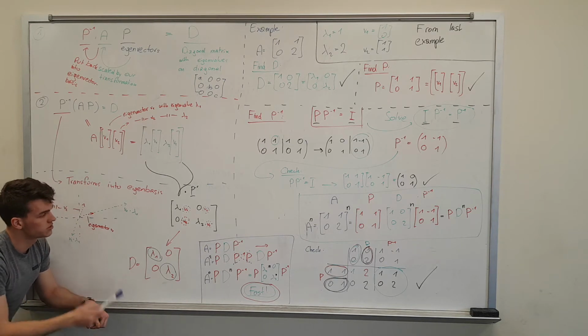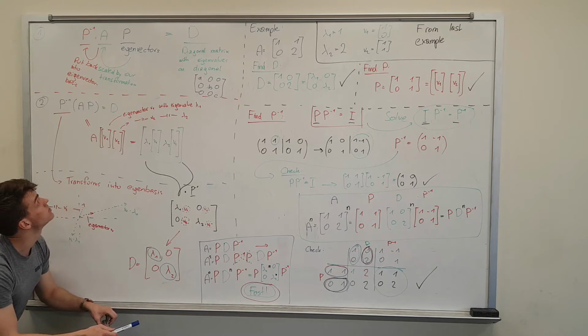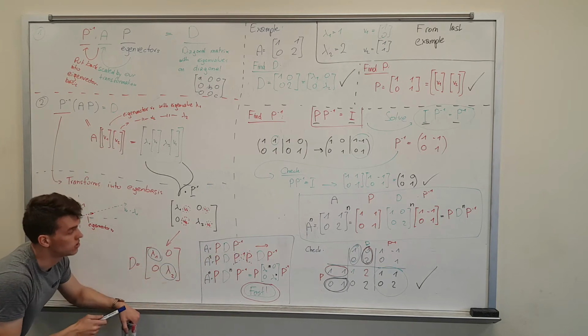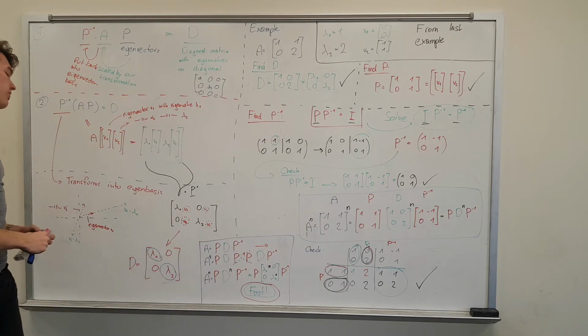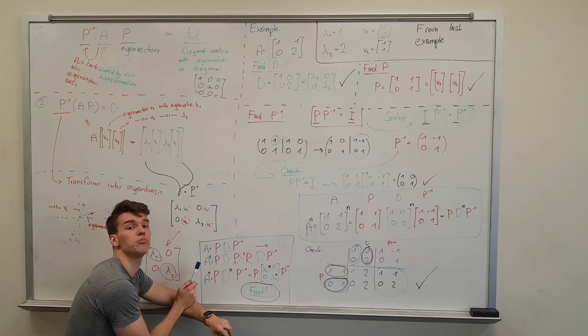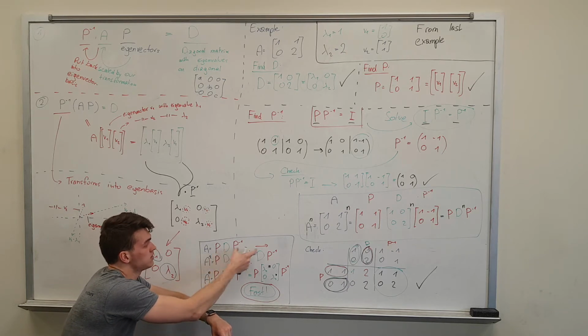And this is super interesting because it allows us to decompose our matrix A into P D P minus 1. And this is just rearranging the terms here. So, now something interesting happens. What if I want to take A to the power of 2? Well, this is the same as just multiplying this with itself.